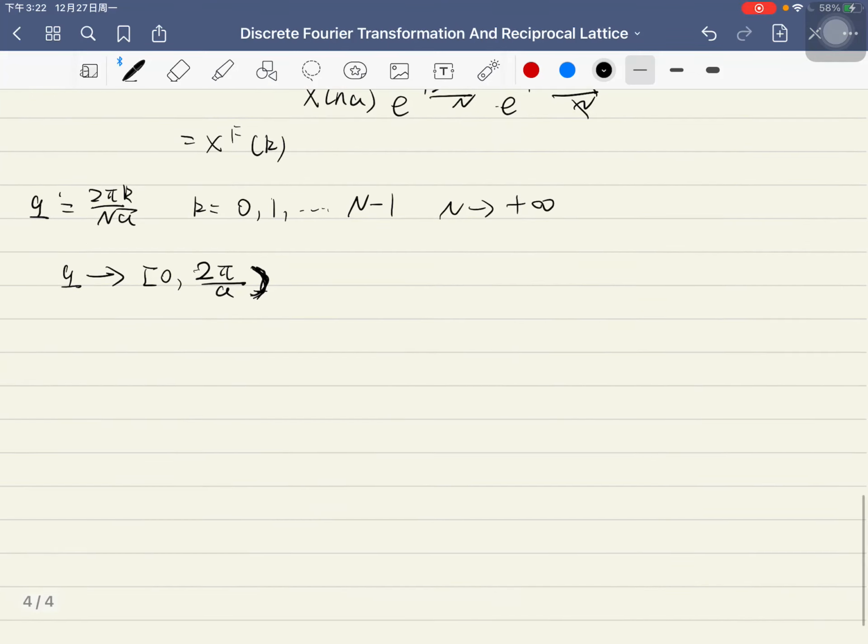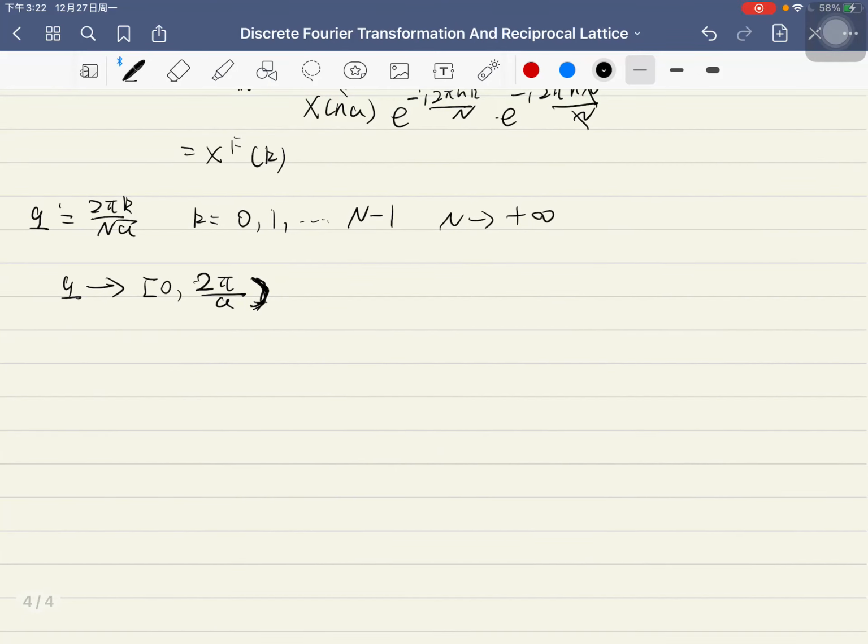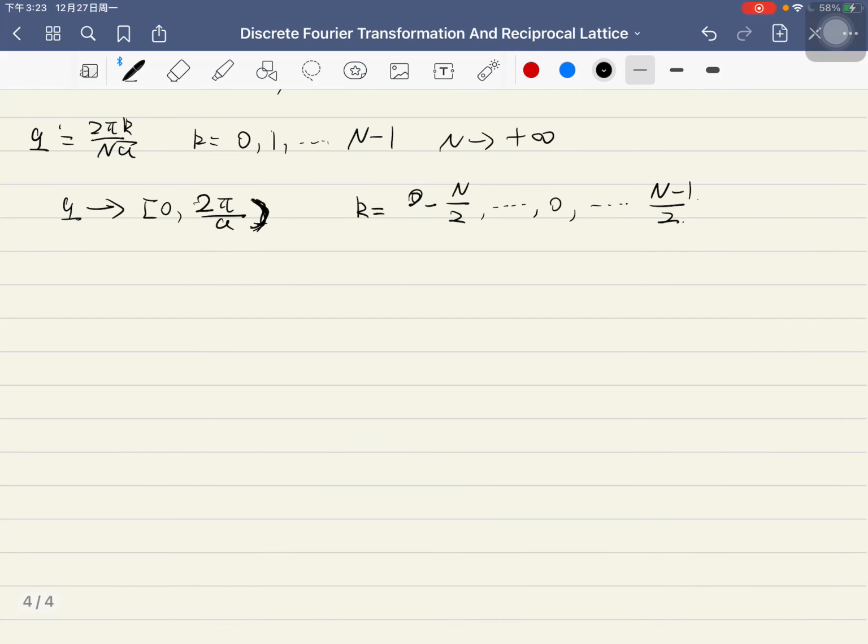2 pi over a. But often, to make it more convenient, we take the periodical boundary condition. So k takes from minus n over 2, 0, to n minus 1. So q can take values from minus pi over a to pi over a.